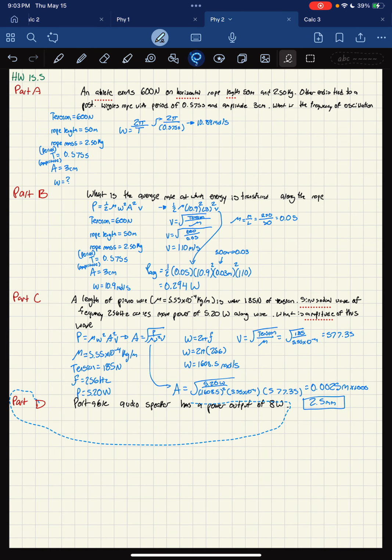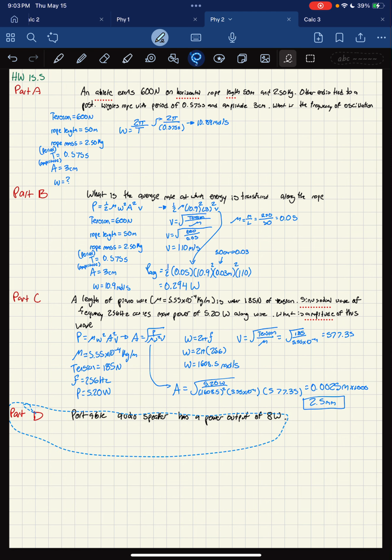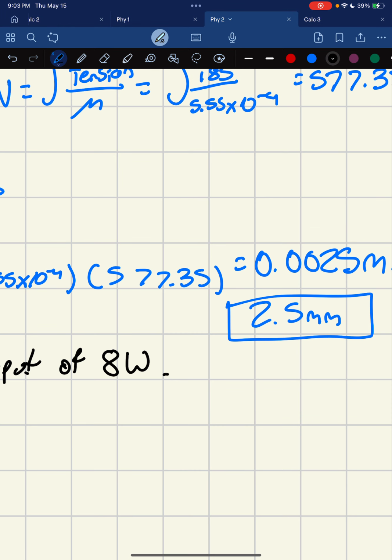I'm gonna move this down. Okay. 8 watts. If the speaker emits sound equally in all directions, what's its sound intensity?